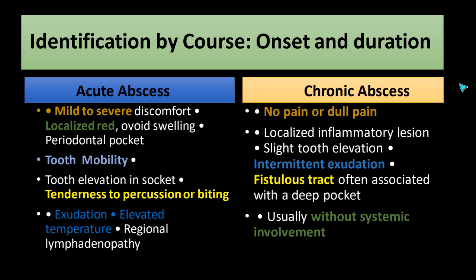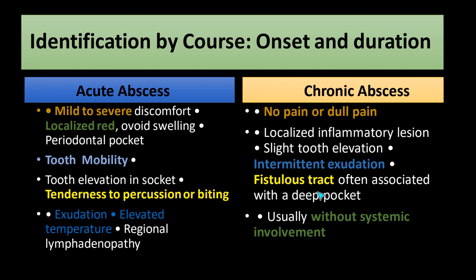So if the periodontal abscess becomes chronic, there will be no pain or only a very dull pain that the patient experiences. The patient will have a localized inflammatory lesion, slight elevation of the tooth, and intermittent exudation.